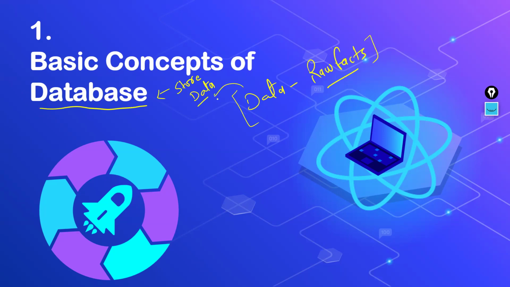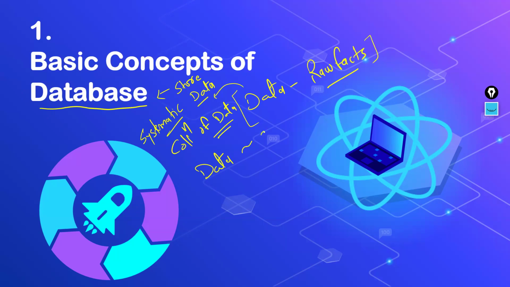And where you're going to store the data, which is primarily going to be the collection of data, that is your database. Or to be more specific, it's going to be a systematic collection of data where you can find, you can communicate with this. Now, data and information are used interchangeably, right?